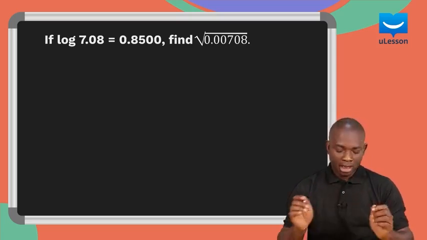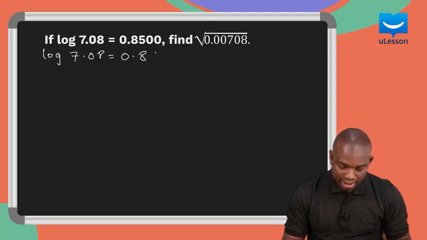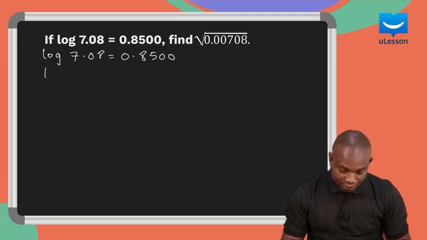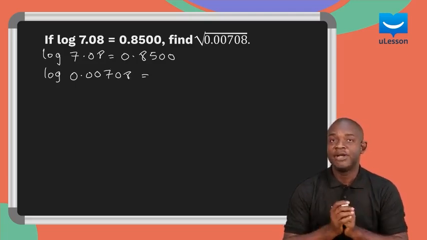0.00708. Now looking carefully, already we have that log 7.08 is equal to 0.8500. Therefore, to get the logarithm of 0.00708, we can see that only the characteristic will be different.